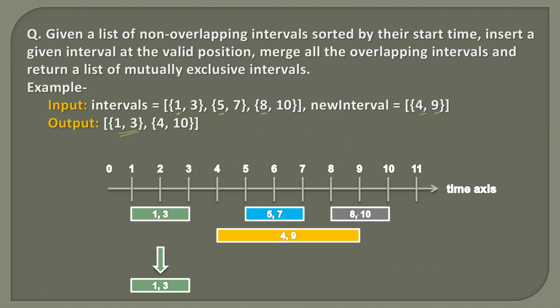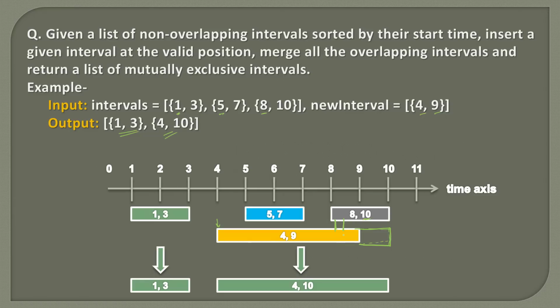So if we put 8, 10 on top of 4, 9, the region will get expanded till 10, and as 4 is less than 8, the start will remain the same but the end will change, because 4, 9 is overlapping with 8, 10, and when we merge these two intervals, we take the end time of both the intervals and see which is the maximum. So here 10 is the maximum. So the merged interval will be 4, 10. So the next output is 4, 10.